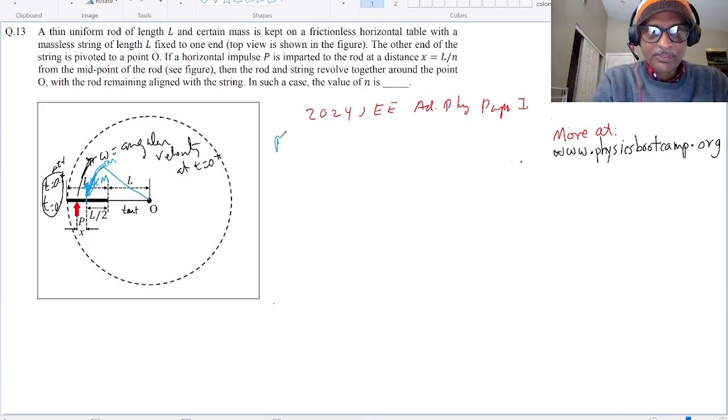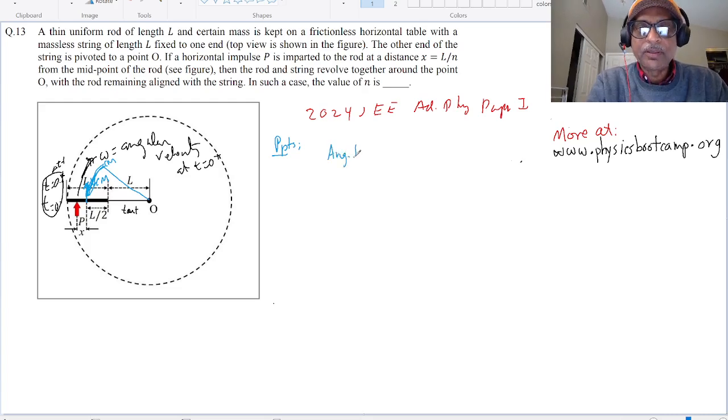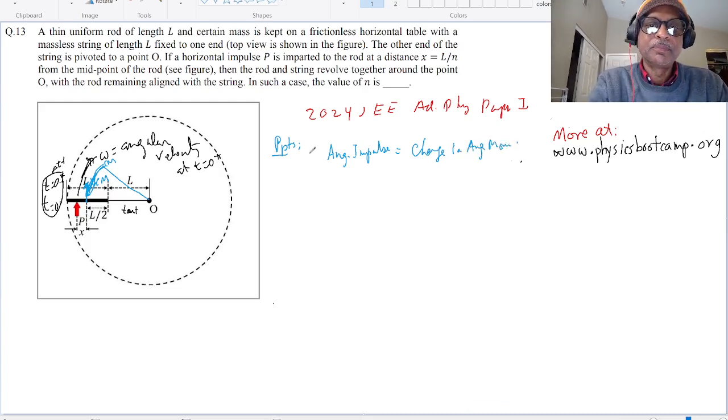So the principles are: angular impulse equals change in angular momentum. That's one principle. What is angular impulse?